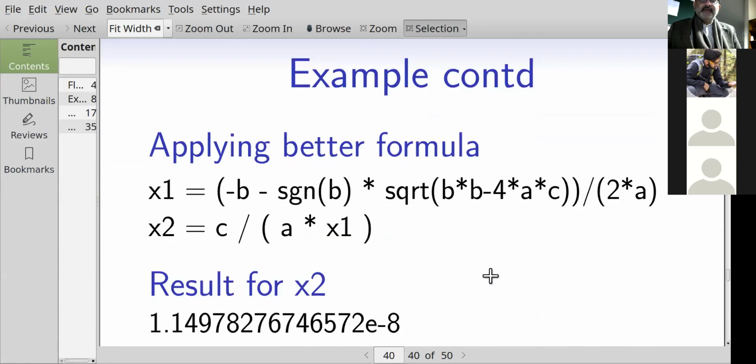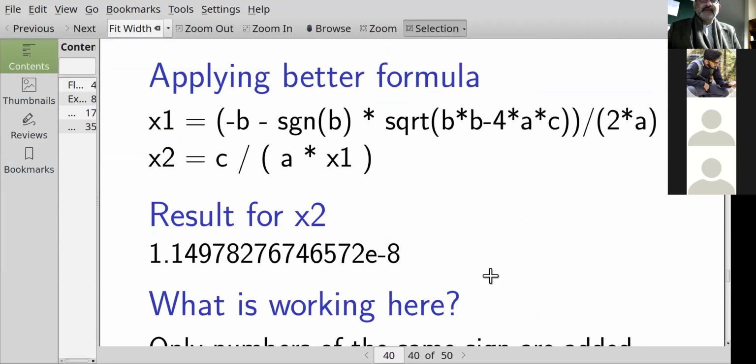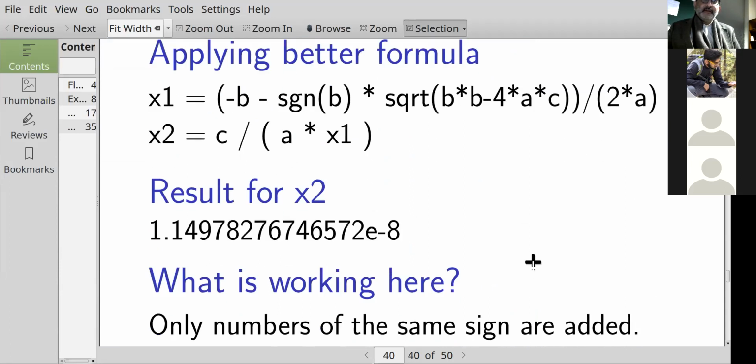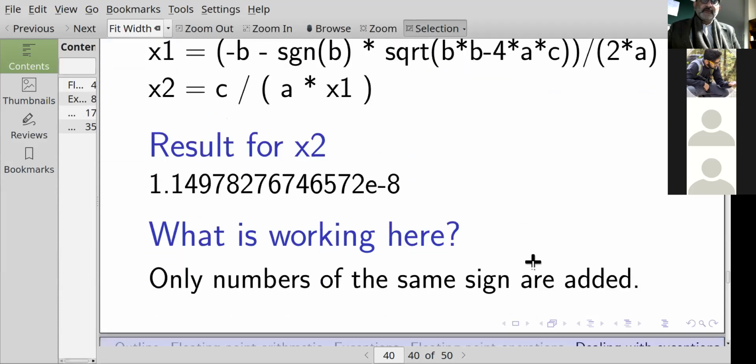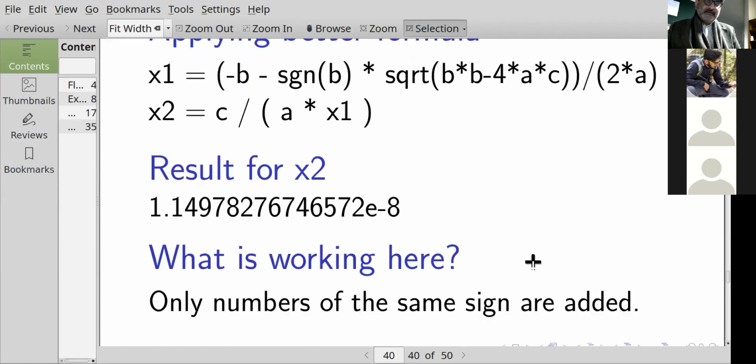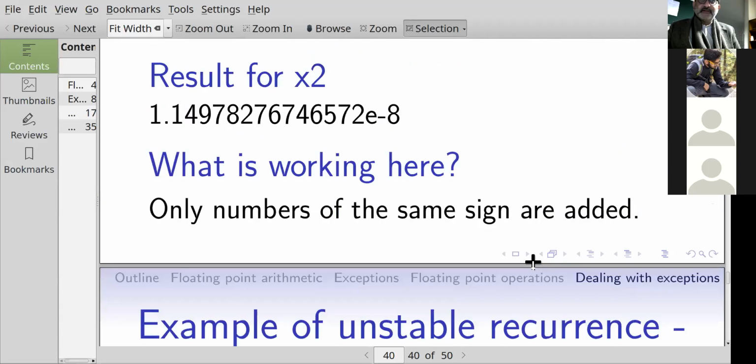And if you apply the better formula, right, then you're going to get a better result for x2, for the second root. And what's working here is that numbers of the same sign are being added, and basically you're avoiding any problems that come from the subtraction.